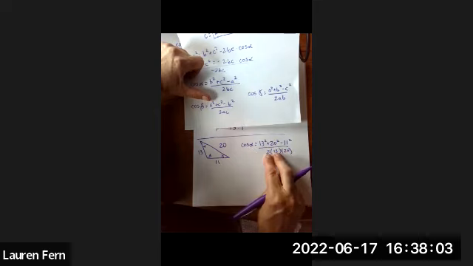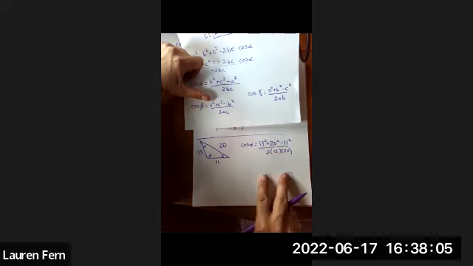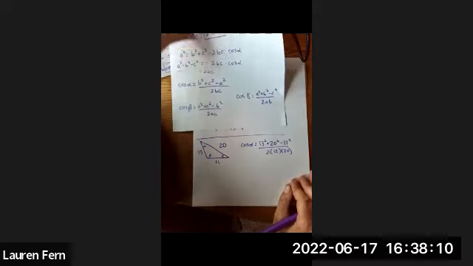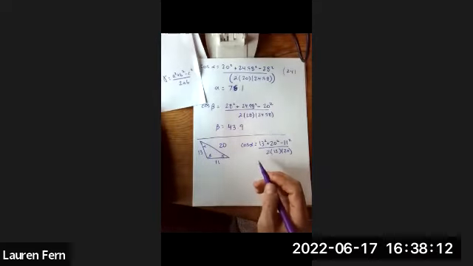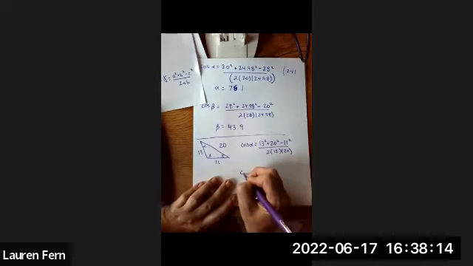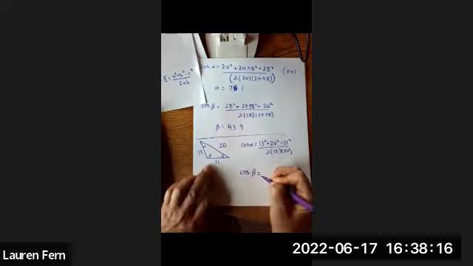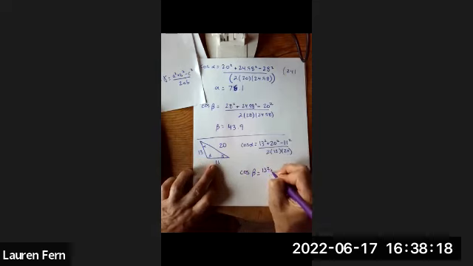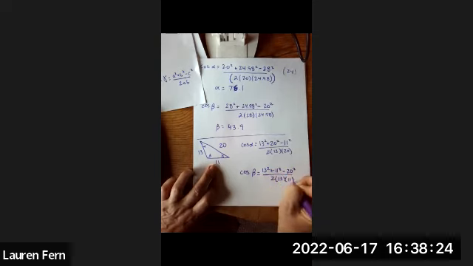And the only other quadrant that has positive values for cosine is our 4th quadrant. So it's already out of bounds. And then similarly, I can find my angle beta. That's 13 squared plus 11 squared minus 20 squared divided by 2 times 13 times 11.